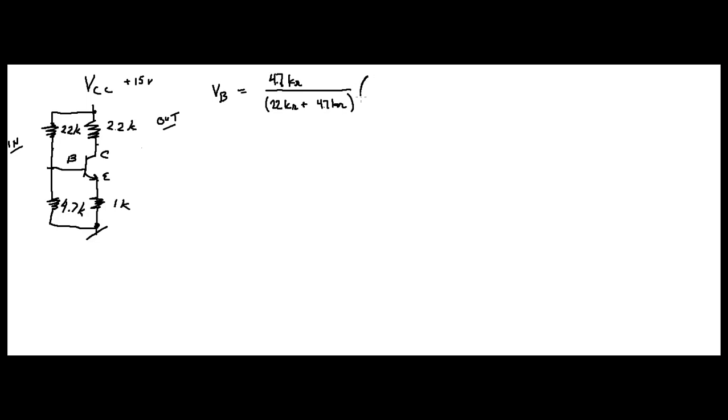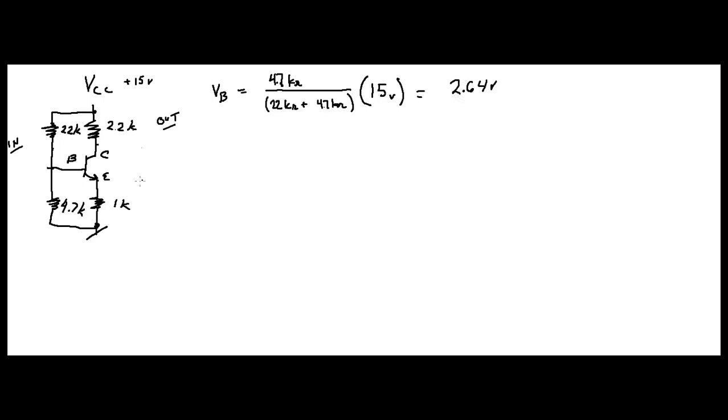And this whole thing is going to be multiplied by 15 volts, because that's your VCC, right? And then this whole thing is going to be equal to 2.64 volts. By the way, we're doing the shortcut method here, right?